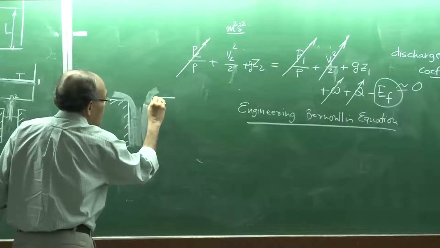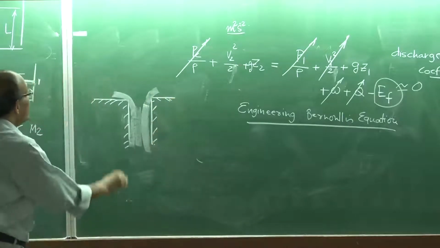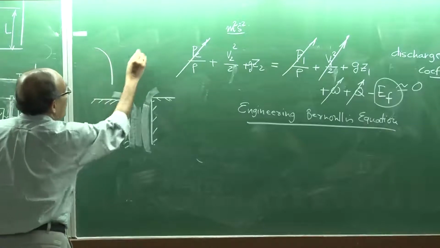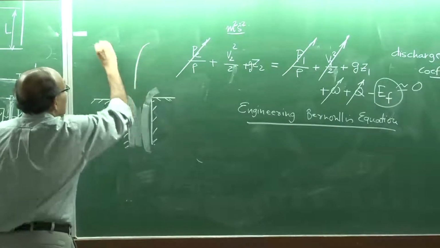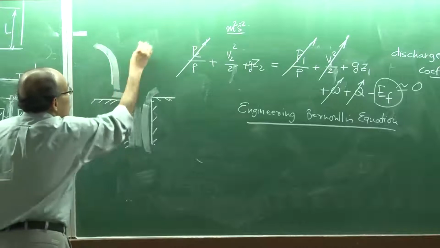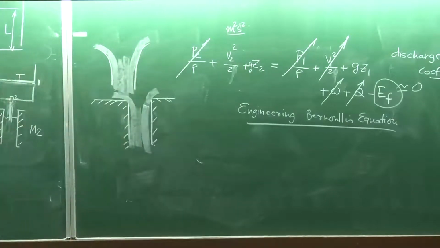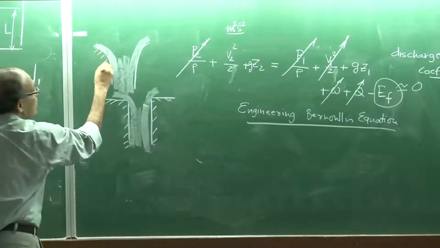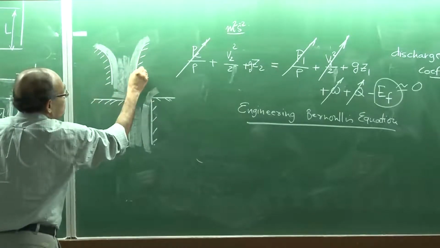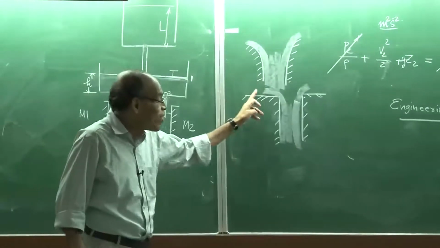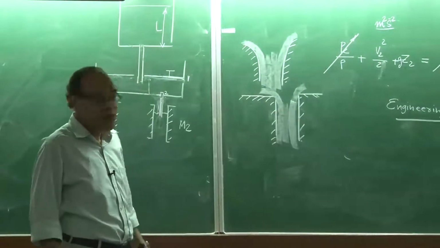On the other hand, if the nozzle geometry is like this, you will find that the flow occupies the entire area. This is a very smooth contour, a nozzle which has been fabricated taking into account the streamline of the fluid motion.